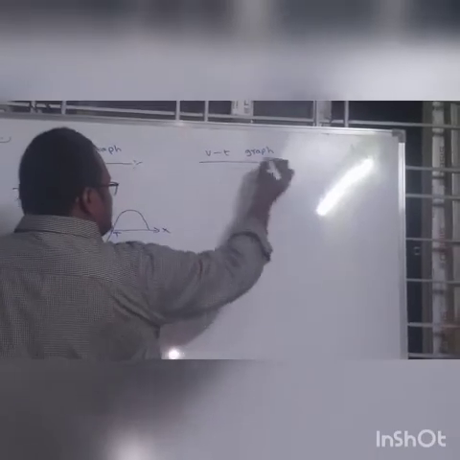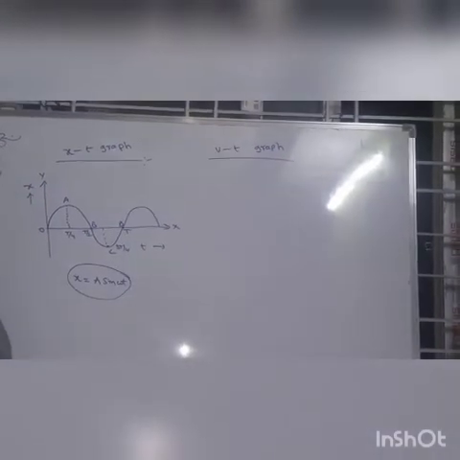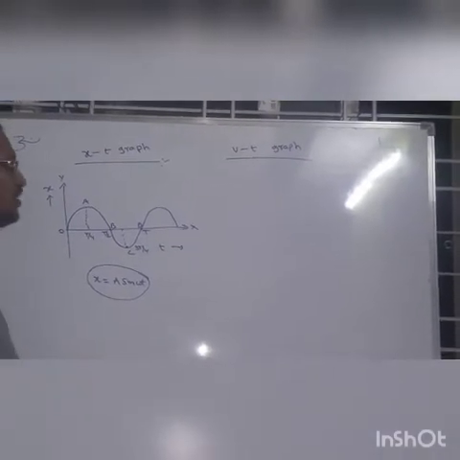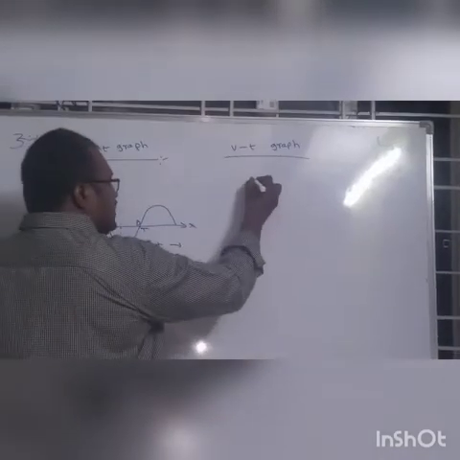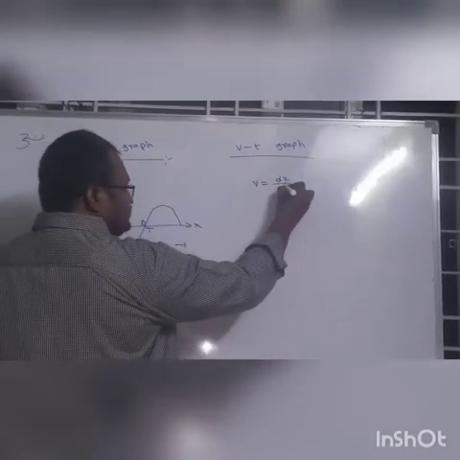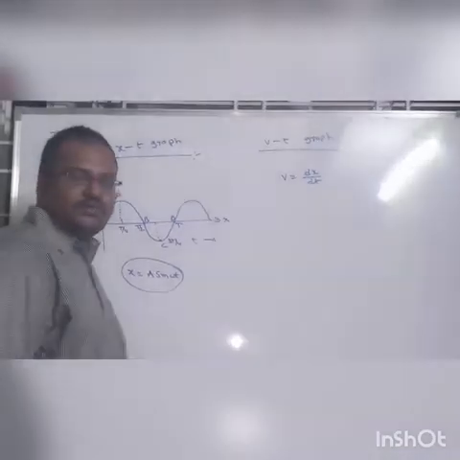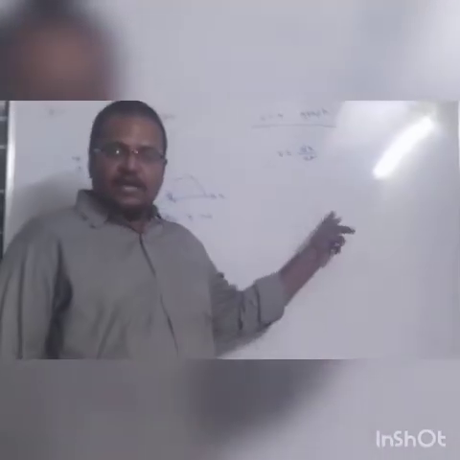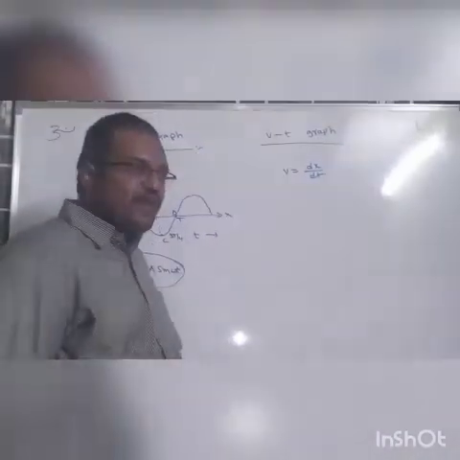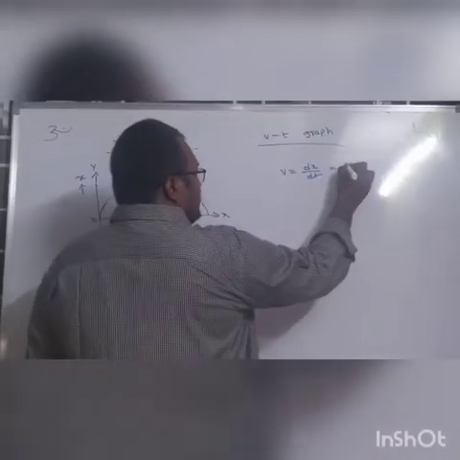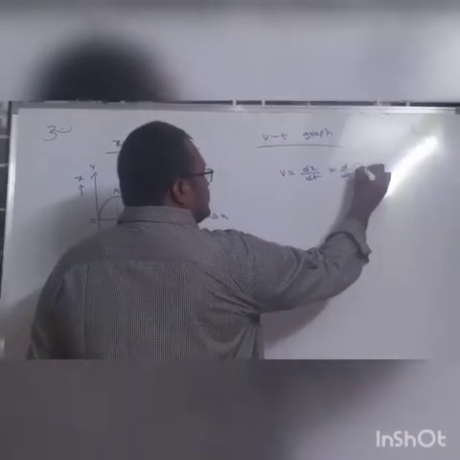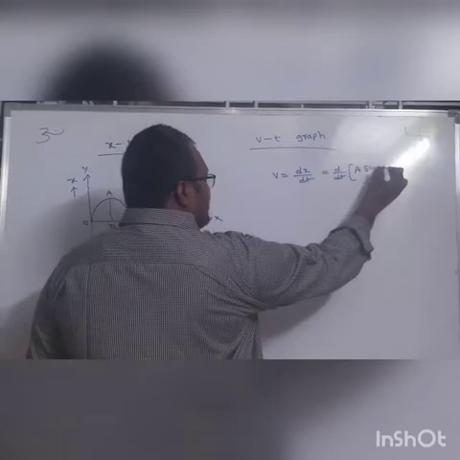Now in the velocity time graph, velocity v equal to dx by dt. Rate of change of displacement is nothing but velocity. So that is d by dt of A sin omega t.